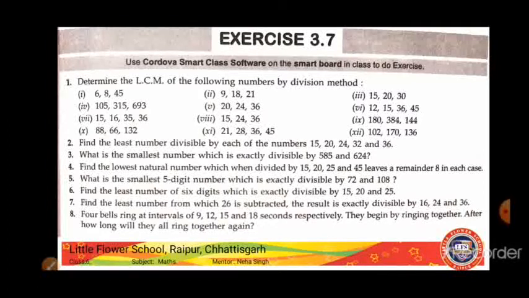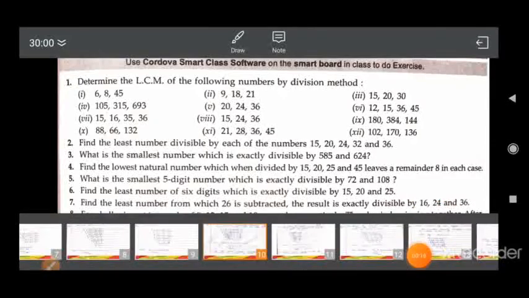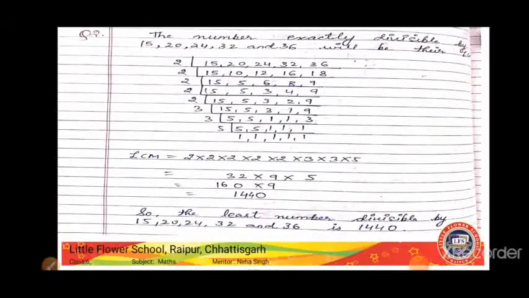So how can we do this? Let us see how we are going to do this. See, the number exactly divisible by 15, 20, 24, 32 and 36 will be their LCM, right? Which means whenever we need to find whether the number is completely divisible, we will find the LCM, right?